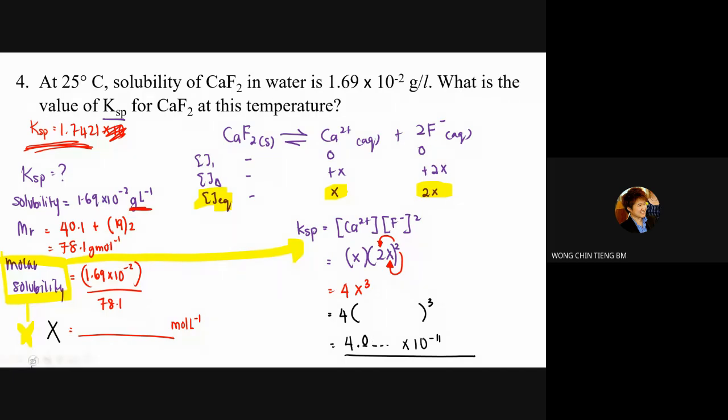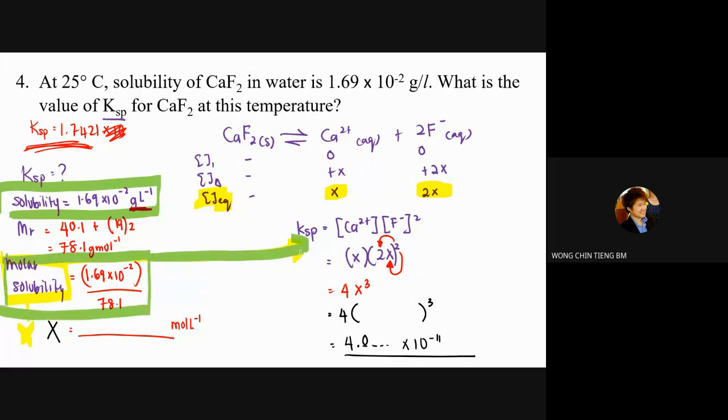Alright? And I think one of the things that I want you to really pay attention at is the difference between the solubility and the molar solubility. Knowing that the only thing that can be put into your KSP hanya adalah molar solubility. Okay? Dia mesti dalam bentuk concentration. Lovely. Yang tu pun concentration sebenarnya, tapi bukan molarity lah.